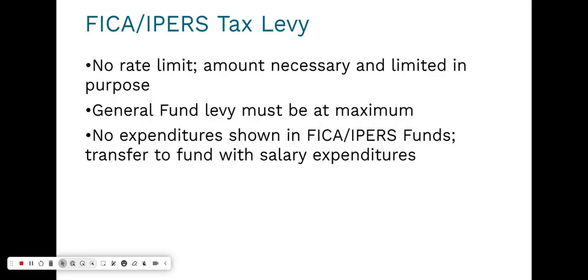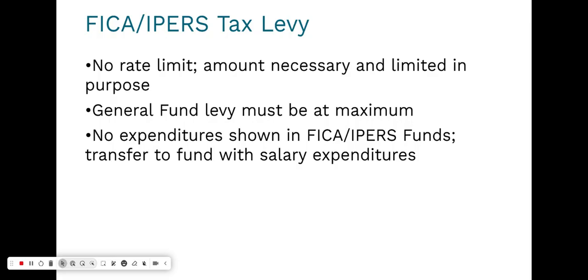For public hospitals, there's also an option to levy for FICA and IPERS. Again, it's not rate limited, it is the amount necessary, but it is limited to only the employer's share of that FICA and IPERS cost. You can only use that levy if your general fund levy is at its maximum.